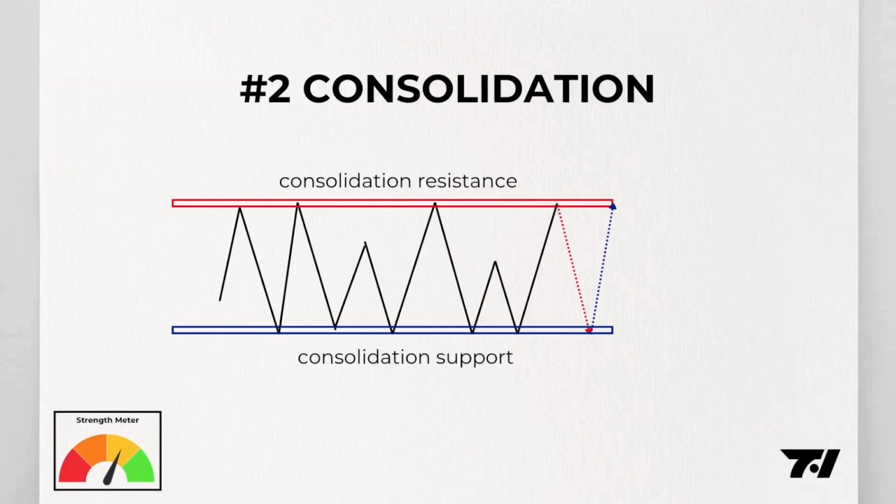If you're looking at a 1 hour chart, that structural support could be days apart, or 2 days apart, or hours apart. Whereas with consolidation resistance or support on a 1 hour chart, within half a day you have 5-6 touches already between the support and resistance.